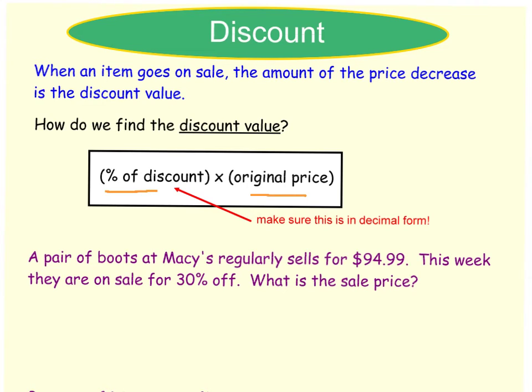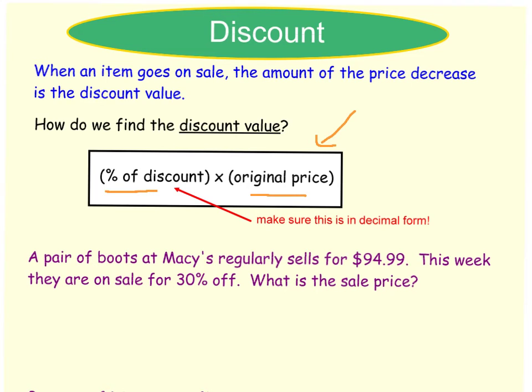In our scenario, a pair of boots at Macy's regularly sells for $94.99. This week they're on sale for 30% off. What is the sale price? This is a 2-step problem if we use this formula for discount value.